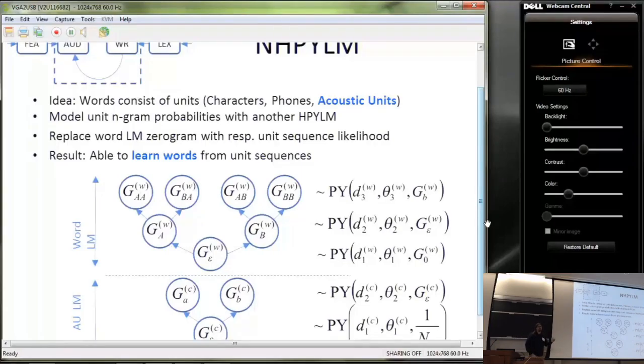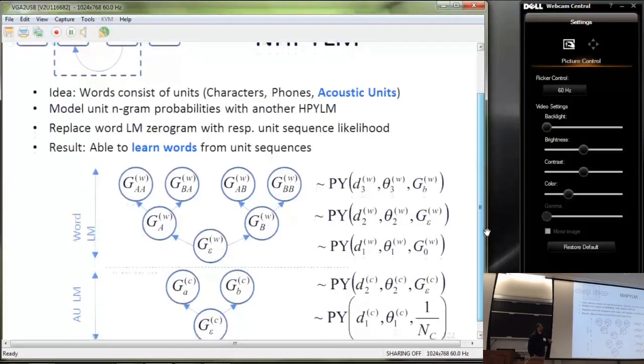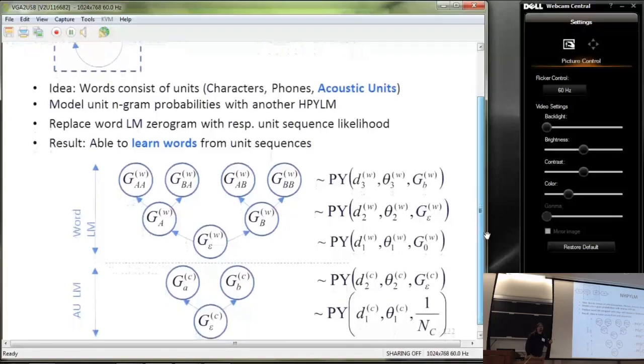The basic idea is that the units form words. So when I want a starting point for my word probability, I use the likelihood of the sequence of units that are in the word. And because I'm able to recombine a lot of units, the vocabulary size this model is able to learn is actually infinite.